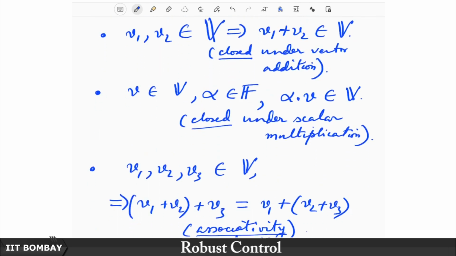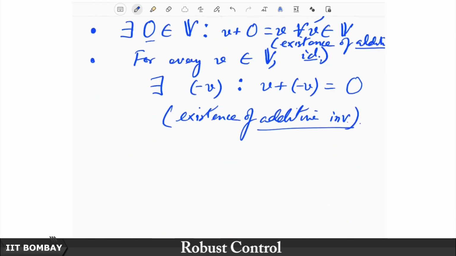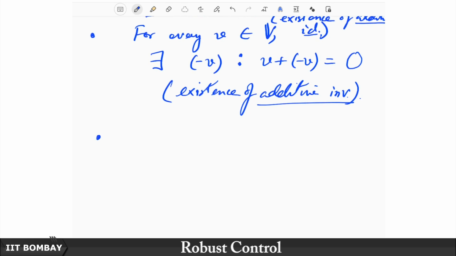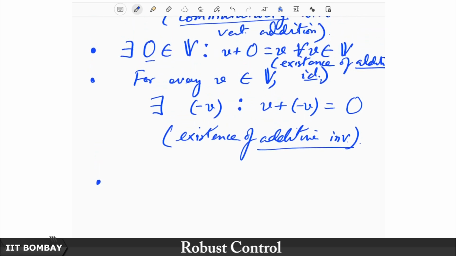Okay. Now, there are some other additional properties too, particularly with respect to the scalar multiplication. So, what are the other properties?